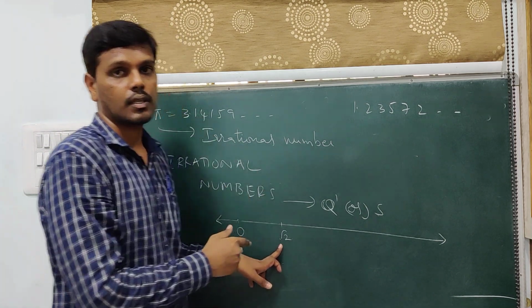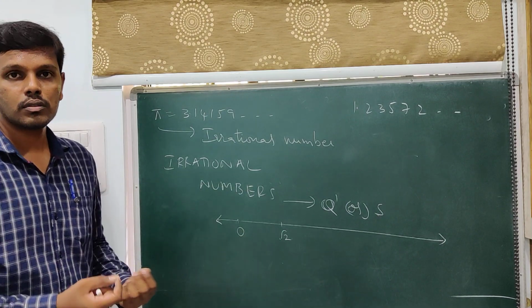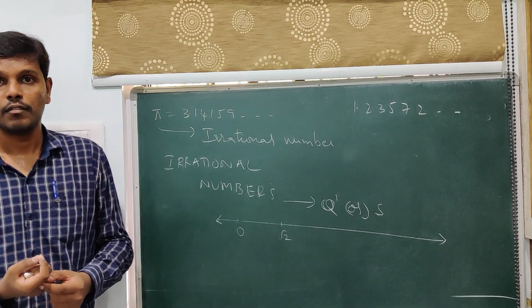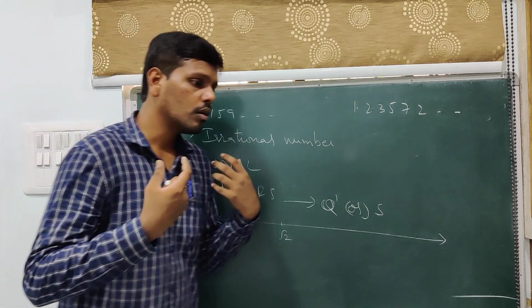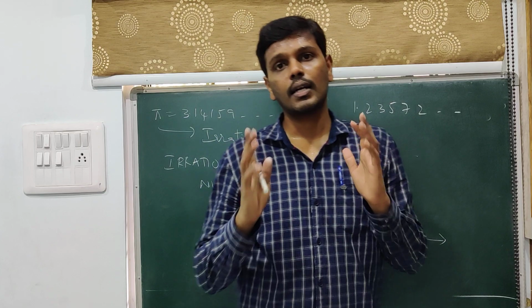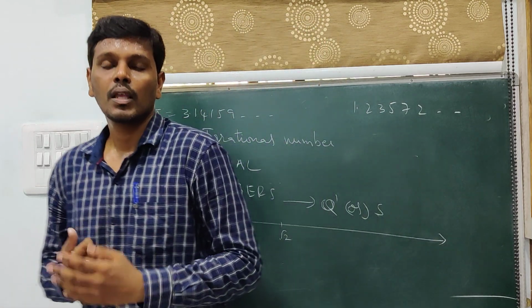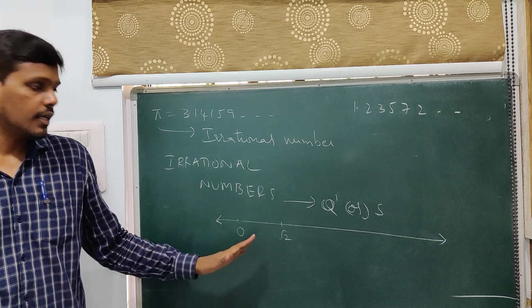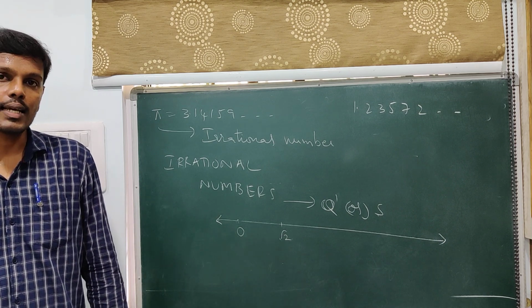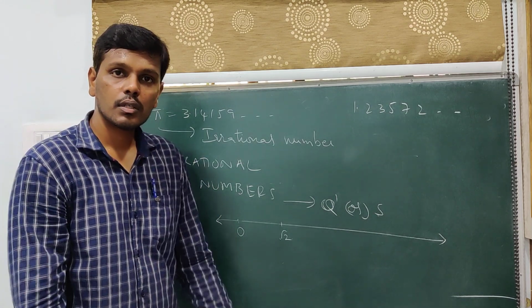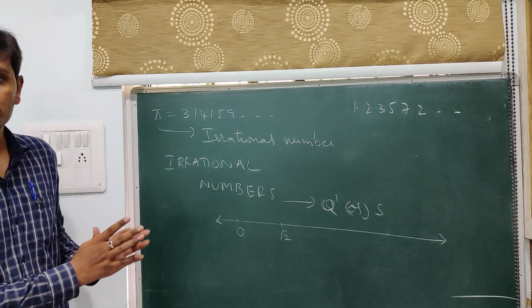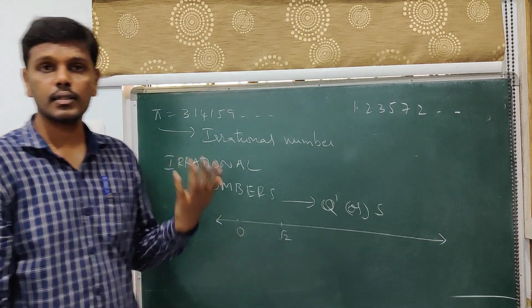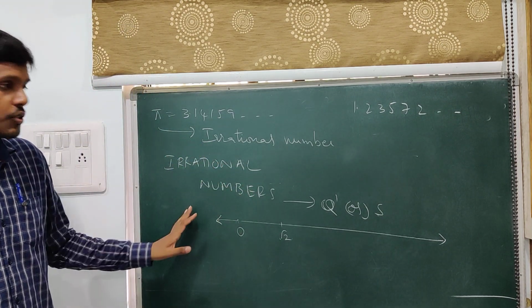This means there are points on the straight line to which rational numbers cannot be assigned, which means there exists a new collection of numbers which can be assigned to those points. That is how we came to know there is a new collection called irrational numbers.